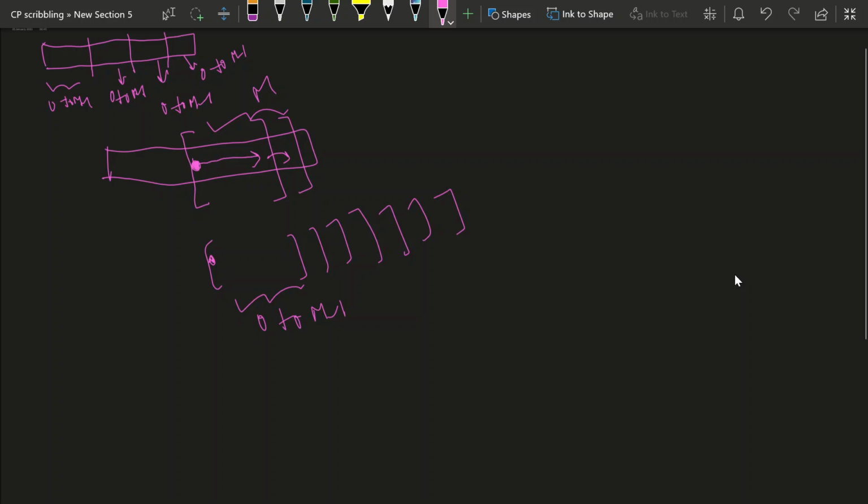Then what you can do is, let's define a dp of I. Now what is dp of I? Dp of I clearly simply means the number of ways that I can start my segment here, right? This is simply that I'm starting my segment here. What are the number of possible ways that I can end it and form the sequence thereafter, right?